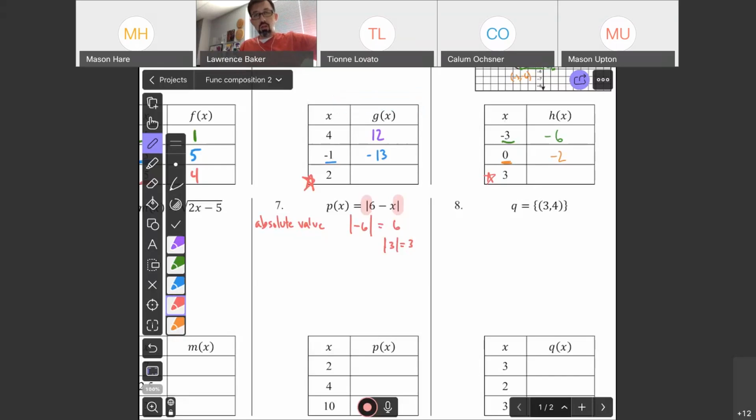So absolute value represents the distance a number is from 0, and we never measure distances in negatives, so the answer can never be negative. So the absolute value of a negative number is a positive number, and the absolute value of a positive number is still a positive number. Okay, so that's a little bit of remembering what absolute value means. Thank you for all your input.